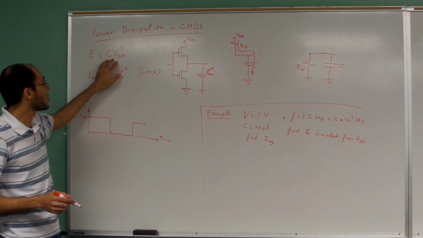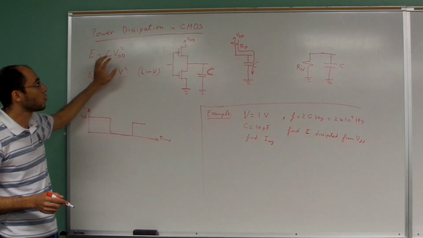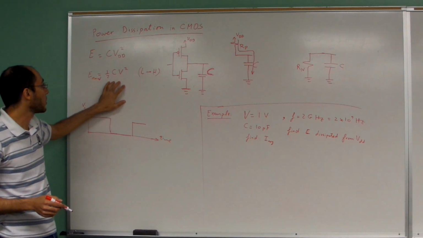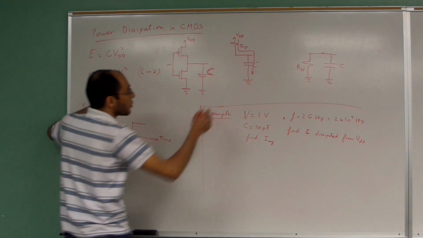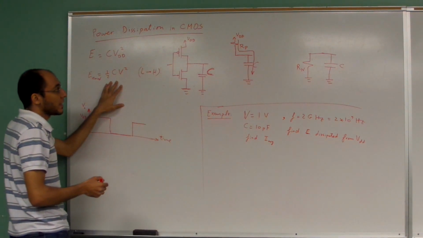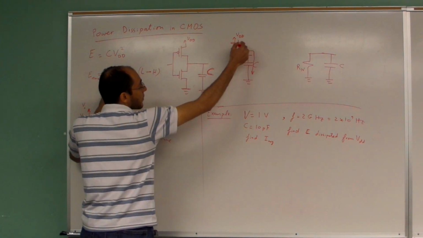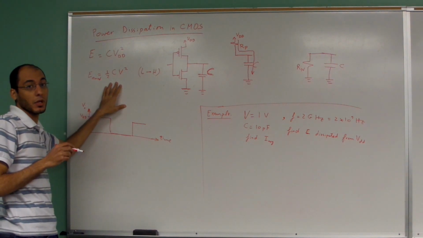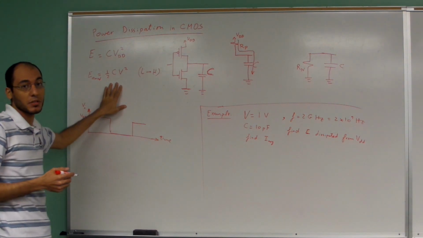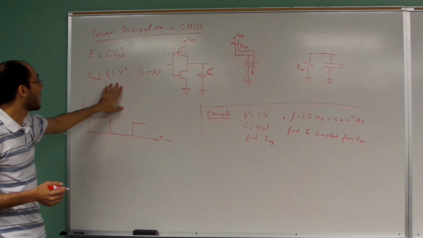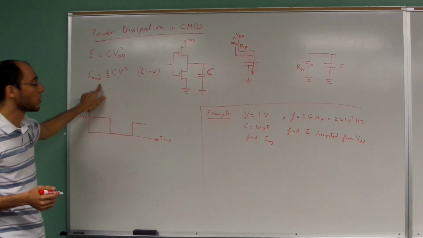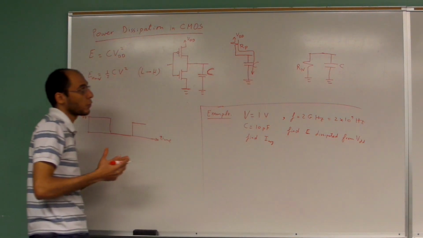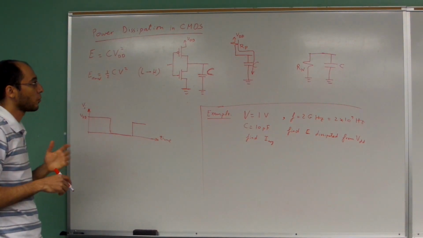The amount of energy is divided into two portions, and those two portions are exactly equal. The first portion is stored in the capacitor, and the second portion is dissipated in the resistance Rp. So, E stored means that it is an energy that is stored here in the capacitor in the form of electrons, in the form of charges.